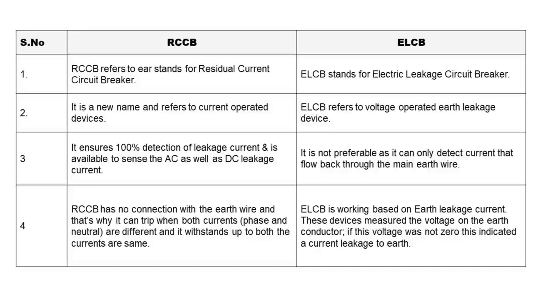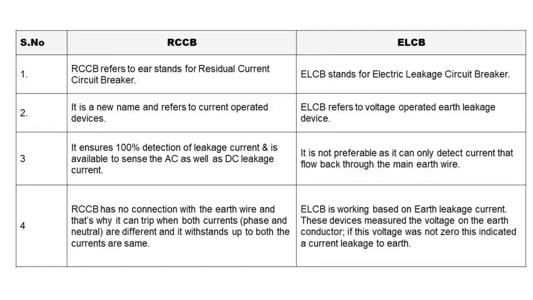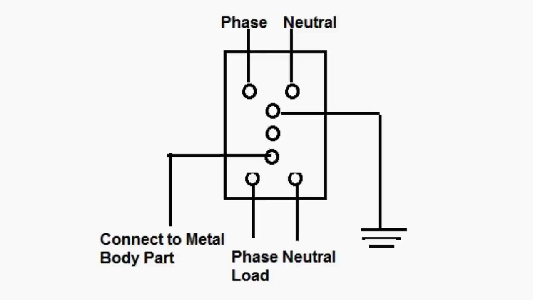First we will talk about RCCB. This RCCB we use, it is a device which operates on current. And when we perform the connection of RCCB, then we have to only use phase supply and neutral supply. But this ELCB we use, this device operates on voltage. And when we go for performing connections of ELCB, then we have to connect phase supply, neutral supply and earthing wire also.